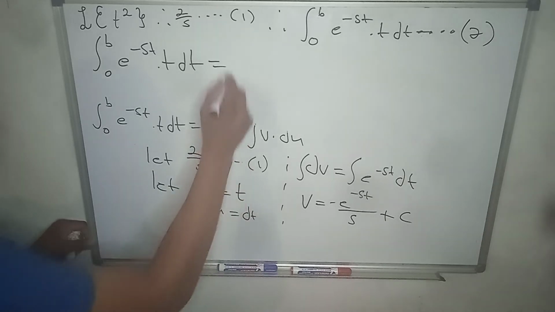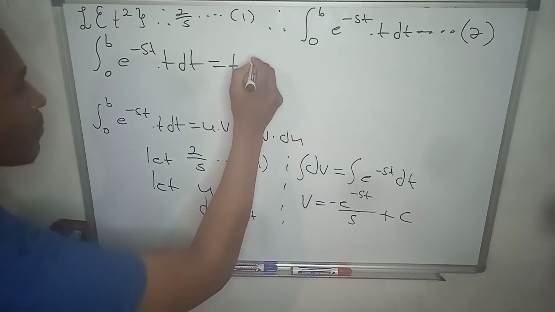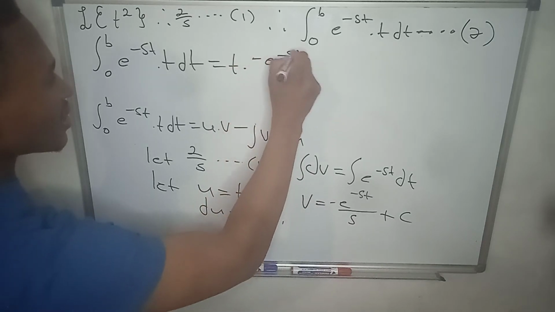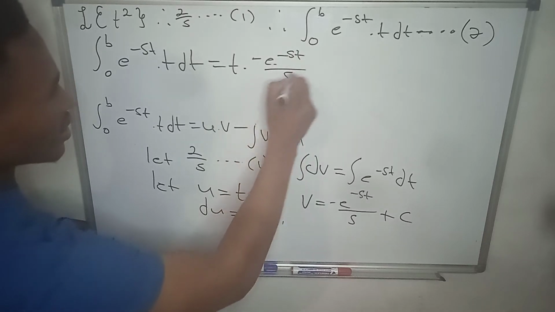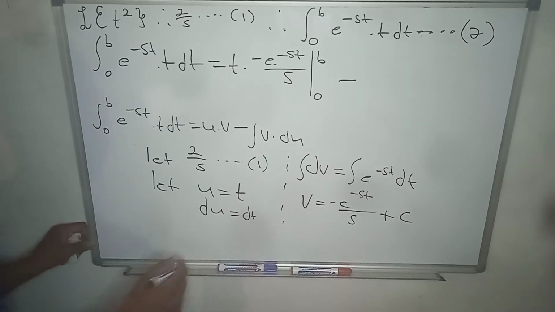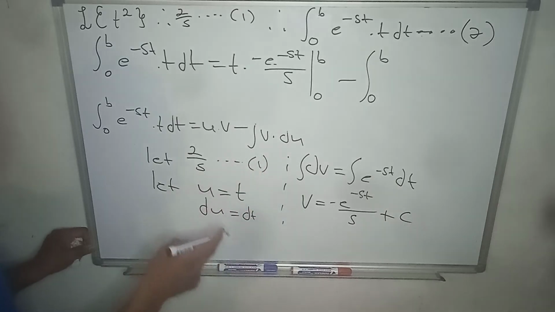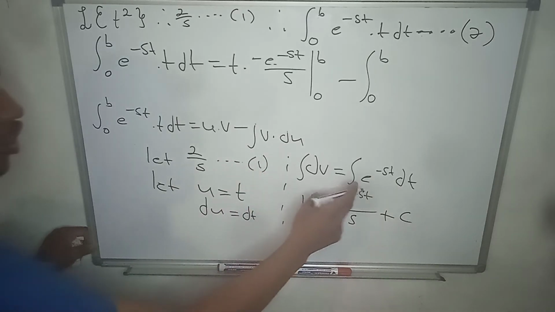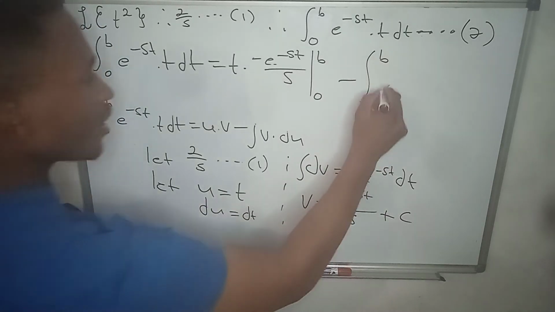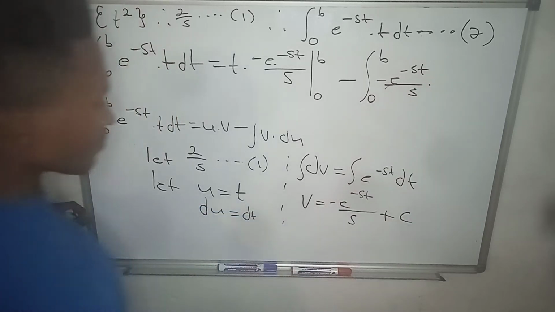My u in this case is t, multiplied by my v, which is minus e^(-st) all over s, with our limit from 0 to b, minus the integral from 0 to b of v, which is minus e^(-st) all over s, times du.